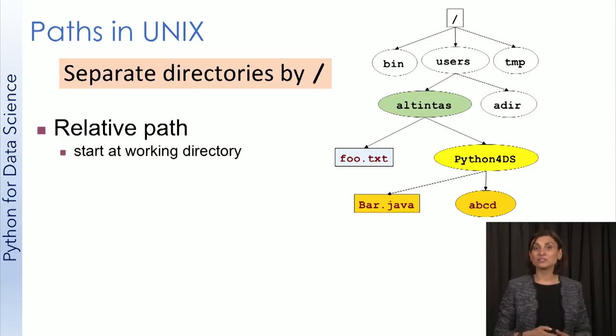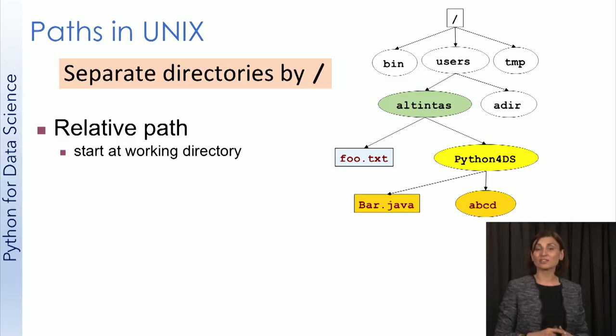Another way to reach foo.txt is using relative paths whenever we can. If I'm already in my home directory, which is altintas under users, and it's represented by green here, I can reach foo.txt under this directory directly without listing other directory names. This is called a relative path, as it's relative to the directory we are operating under.